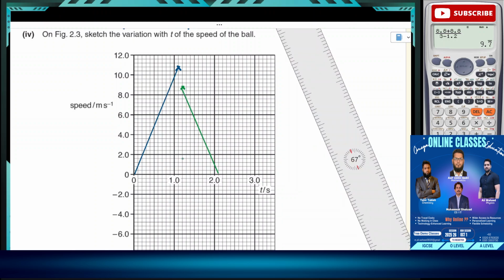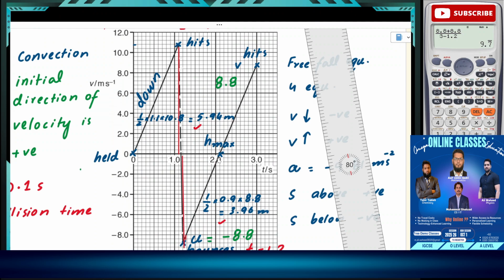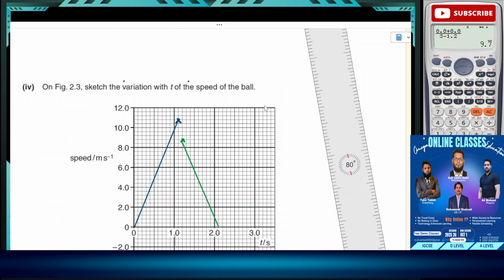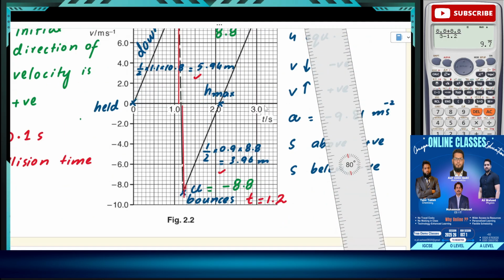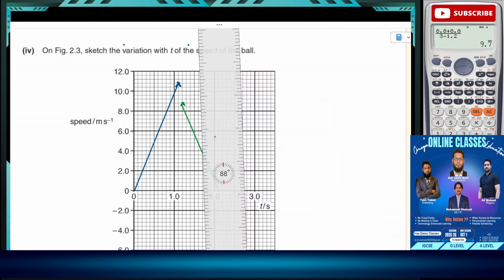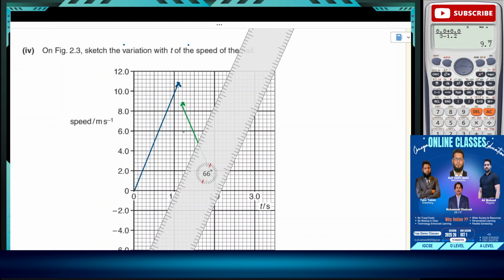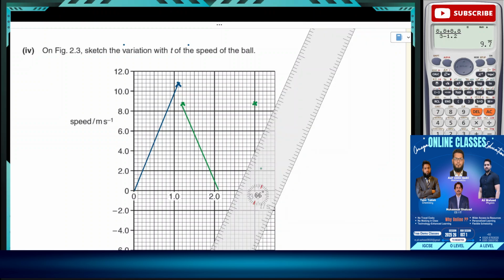And from 2.1 second till 3 seconds, it increases again, up to 8.8. Okay, till the same point. So let me mark the point. At 3 second, it would be increased to this one.